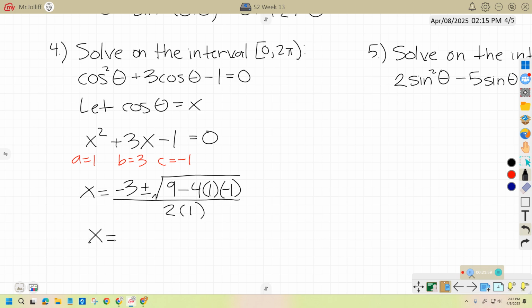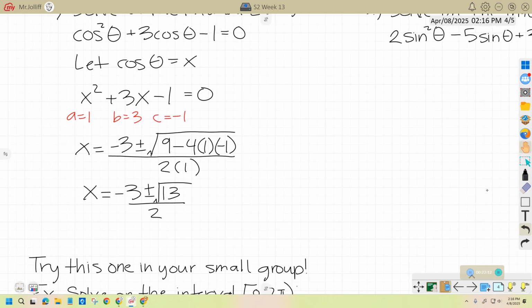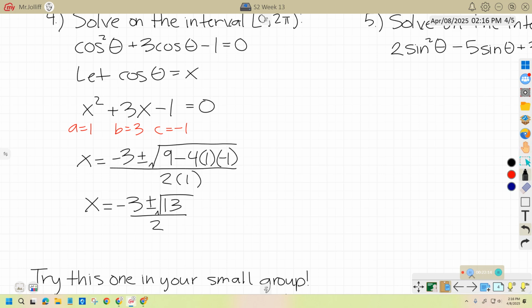So this is x equals -3 plus or minus root 13 all over 2 times 1, which is 2. And that is not one answer, but two answers, because I have a plus and a minus.